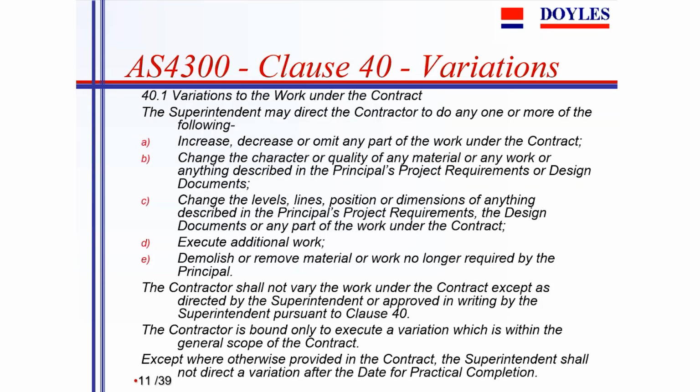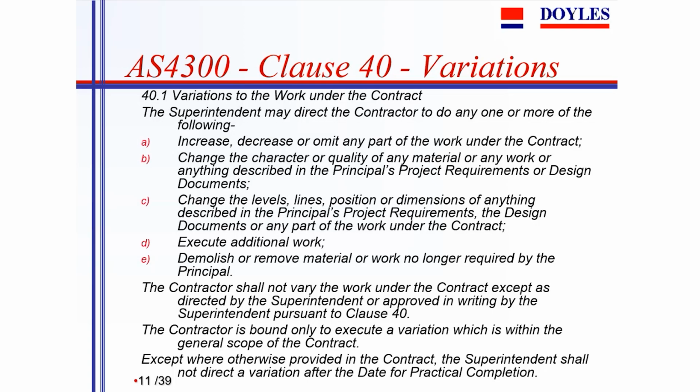In a lot of contracts, it won't come with a detailed specification about flashing and everything else. You'll be expected to make it happen, but it won't come very well specified. So it's important in construction contracts to understand the broad ambit of variations.